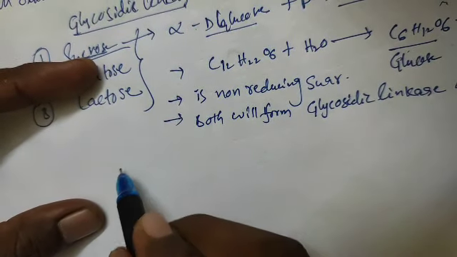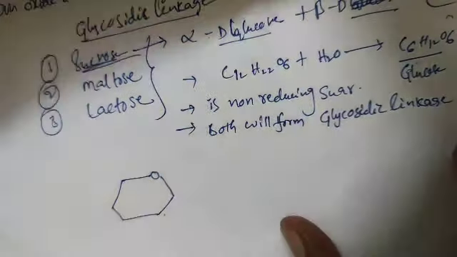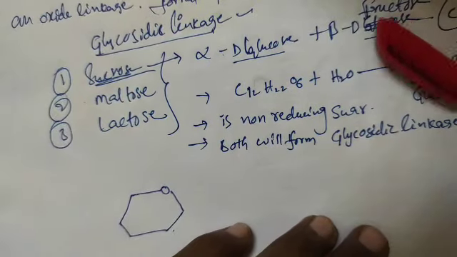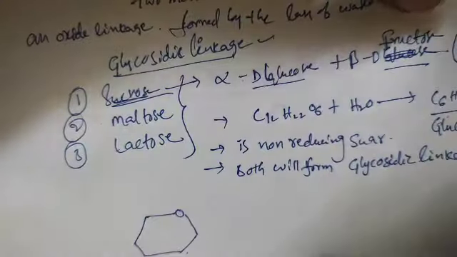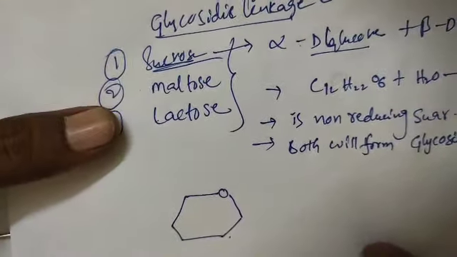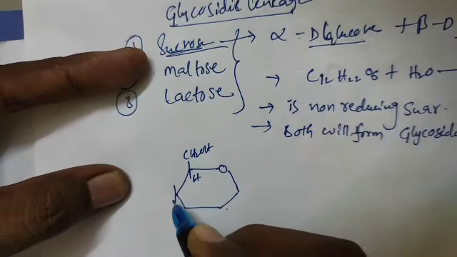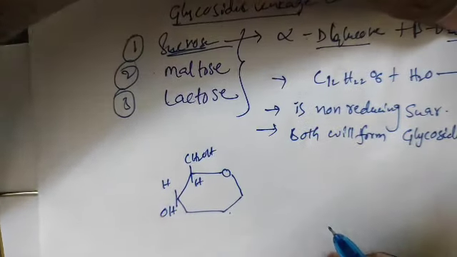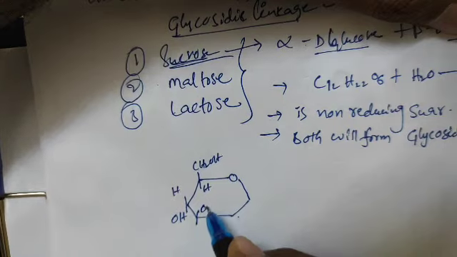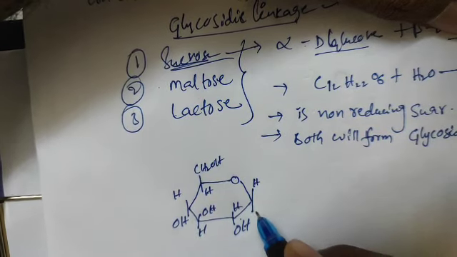Now the alpha D glucose structure is this one: here CH2OH, here H, here H, here OH, here OH, here H, here H, OH.